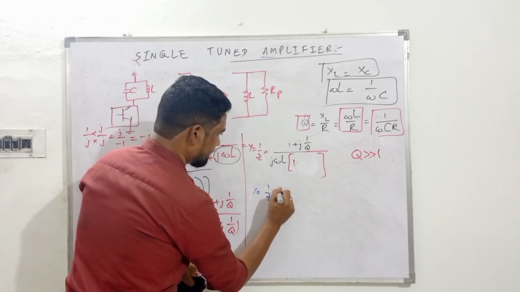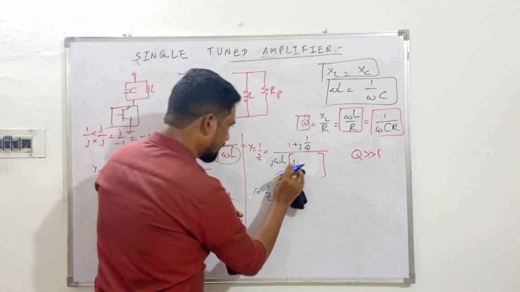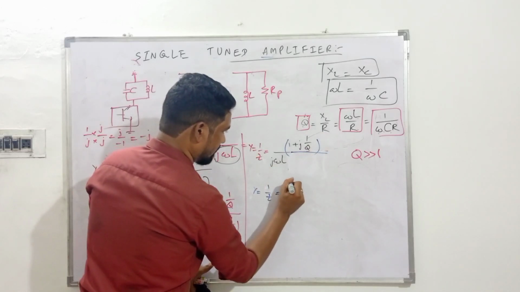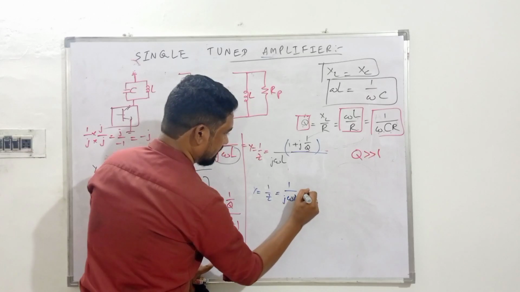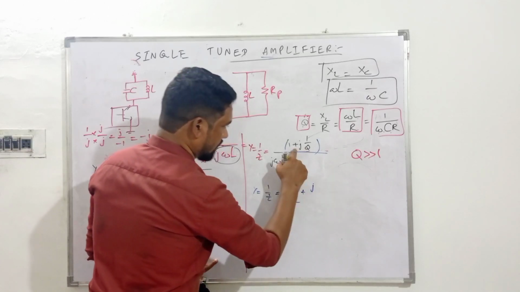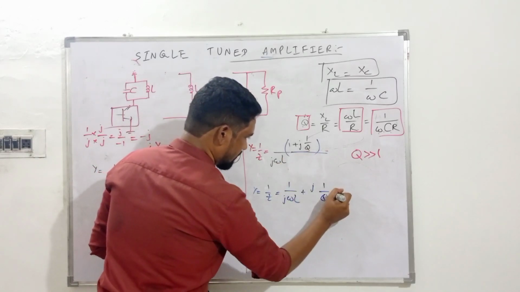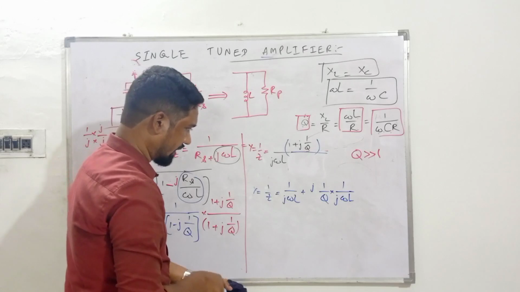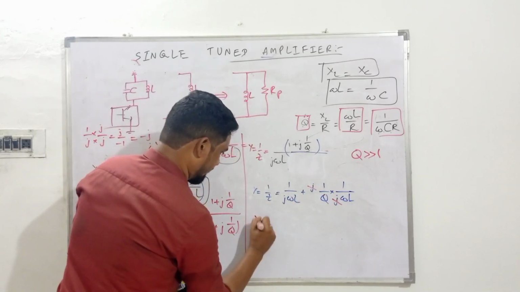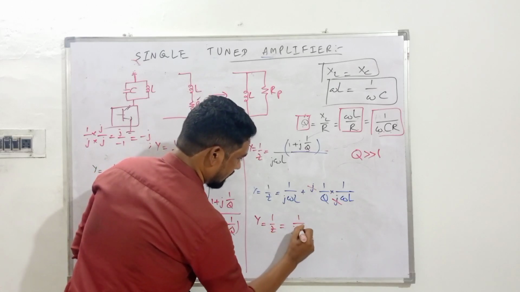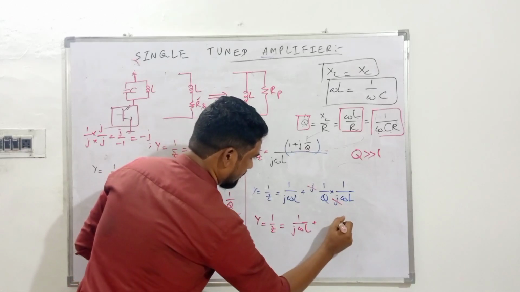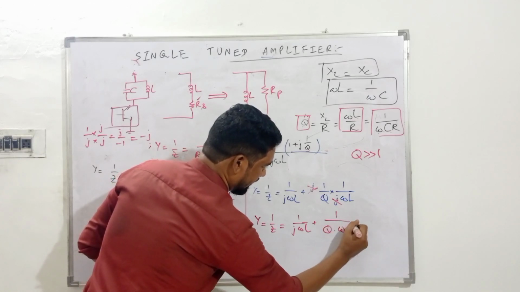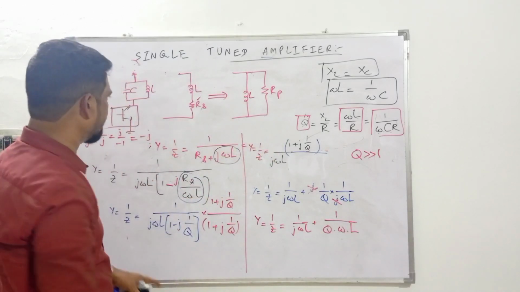So what do we have? Y, which is equal to 1 upon z, so we don't have this term anymore, and it's getting multiplied: 1 upon j omega L plus j 1 by Q multiplied with 1 by j omega L. So finally y, which is equal to 1 upon z, is equal to 1 by j omega L plus 1 upon Q omega L. So guys, this is from the series combination.